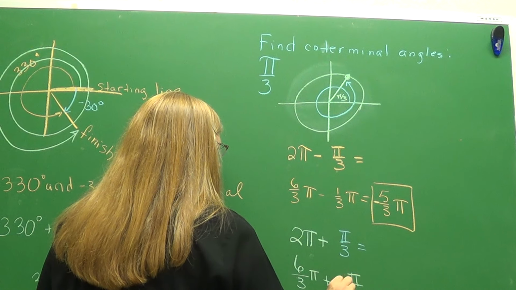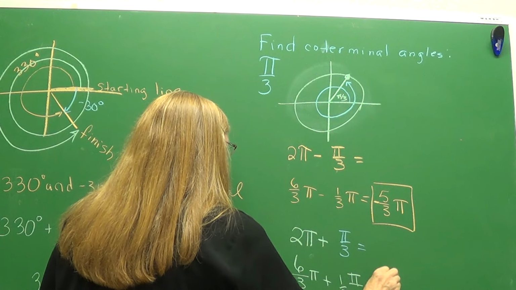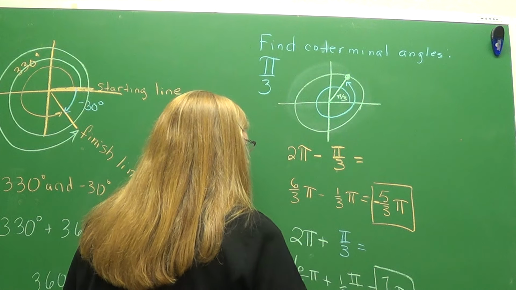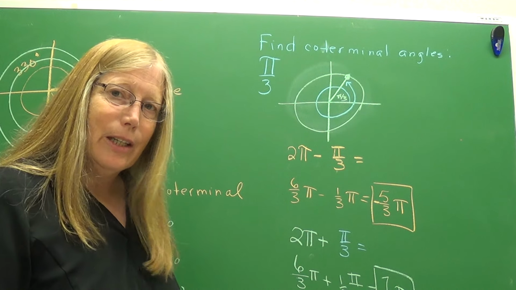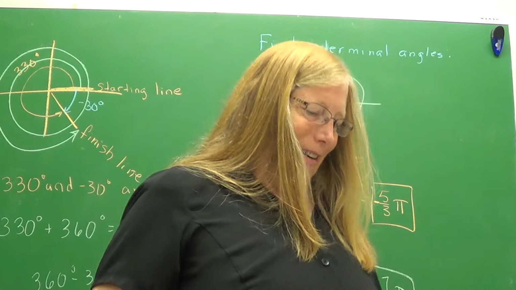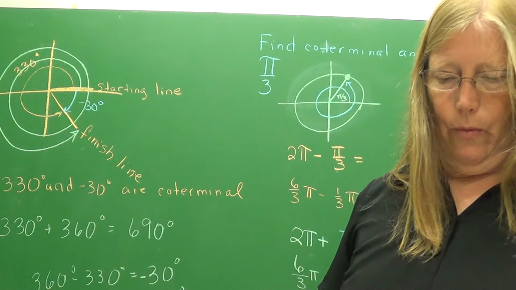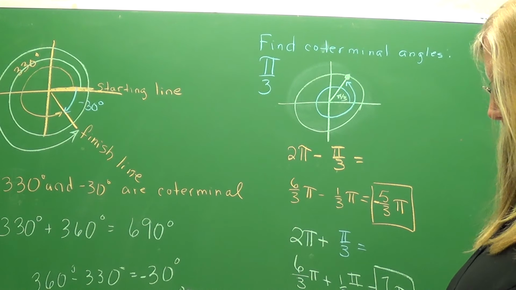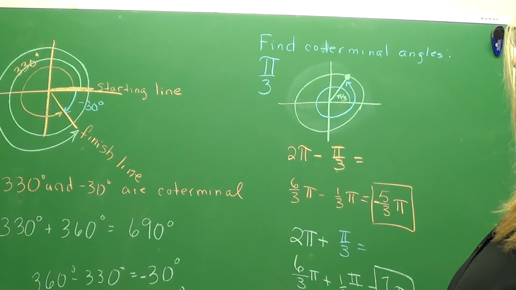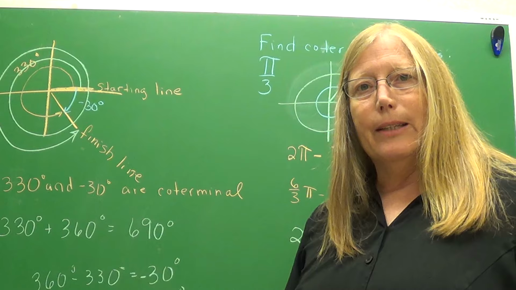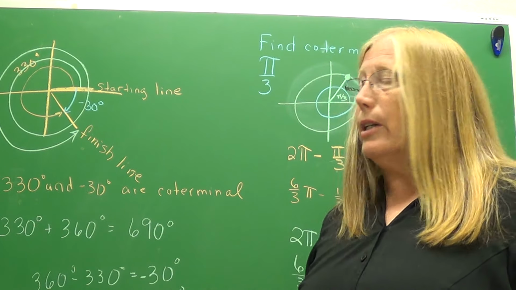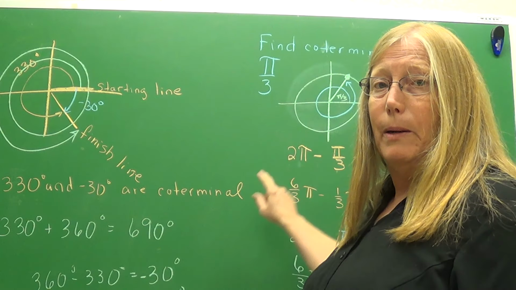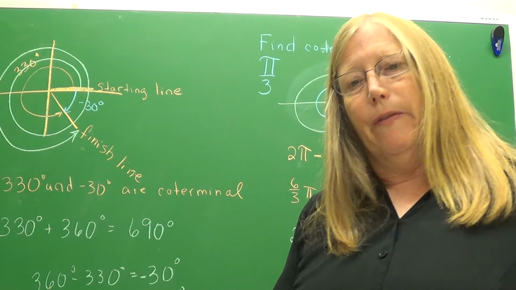Pi over 3 is 1/3. And so I get 7/3 pi. That one went in the positive direction. Hey, the alarm went off. All right, so I have one positive and one negative example for coterminal angles. If we're doing those in degrees, this would be 360 instead of 2 pi. I showed you the more difficult one.